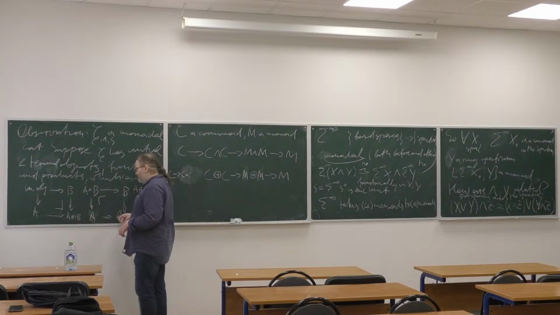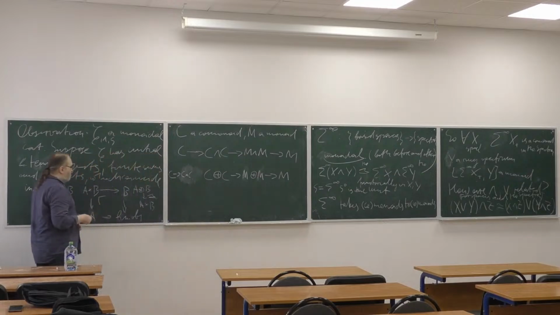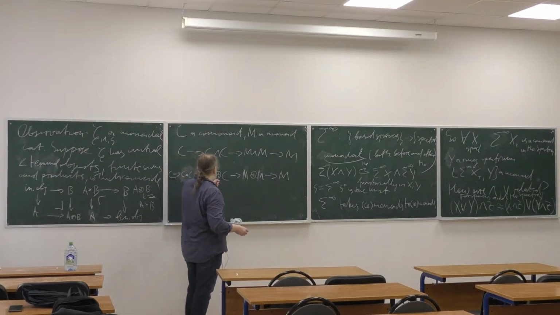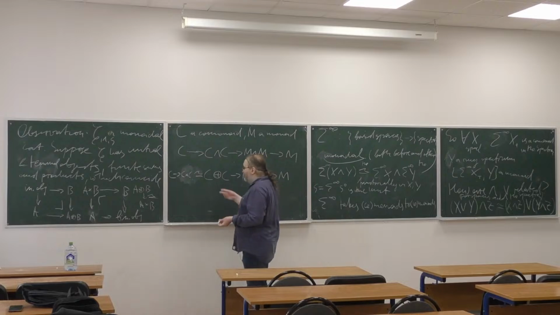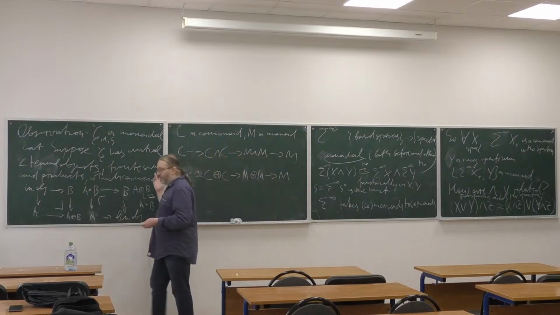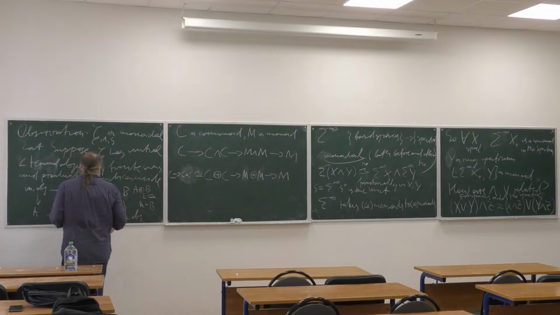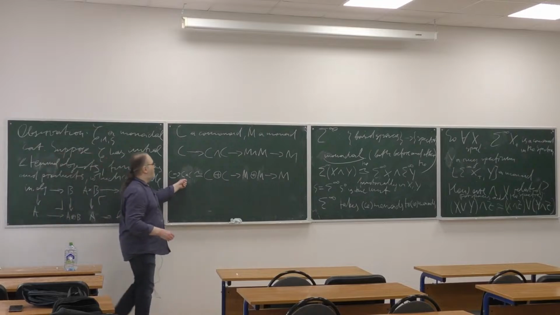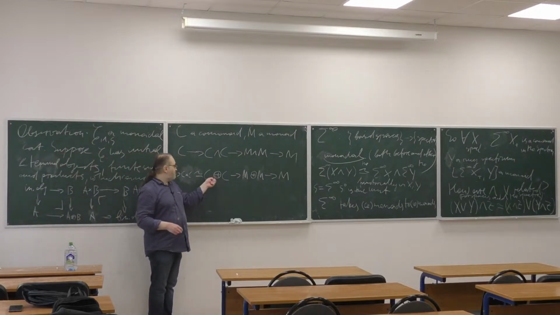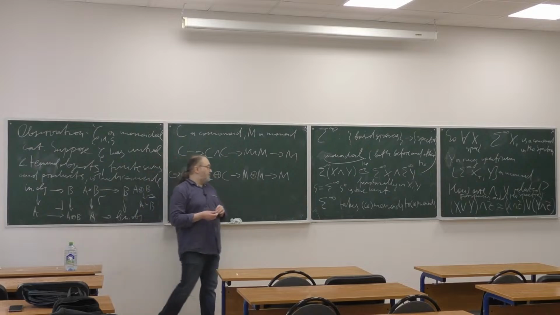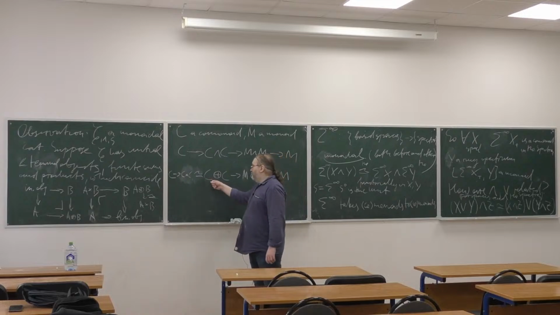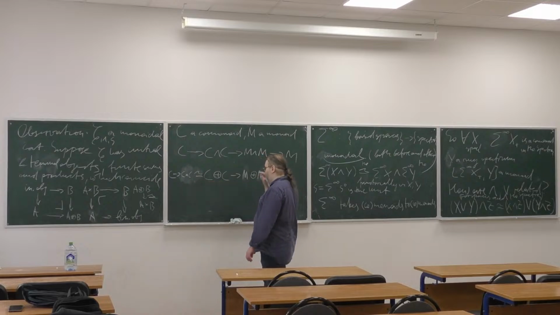If I define the product using this diagram, I always have the diagonal map. Now, it doesn't matter that C is a monoid or a comonoid. I have this for every C. Now I know that this is an isomorphism because this is what I require it to be.